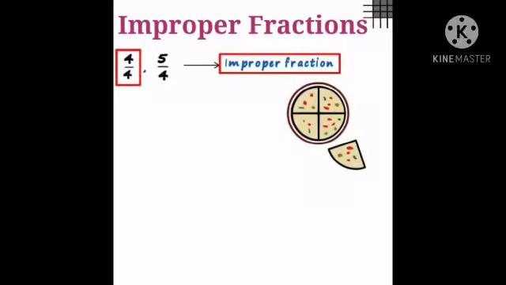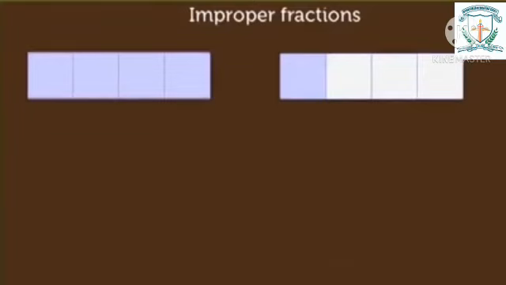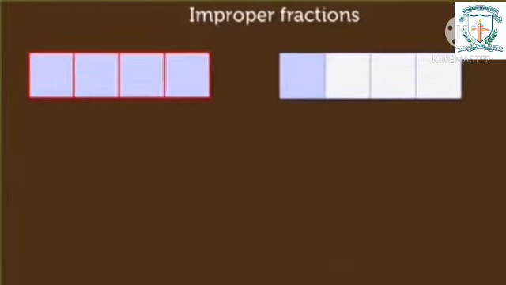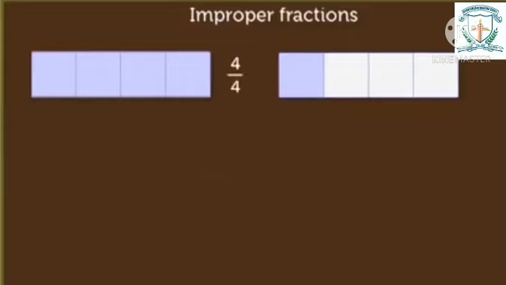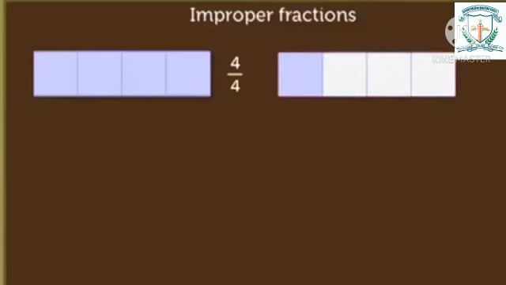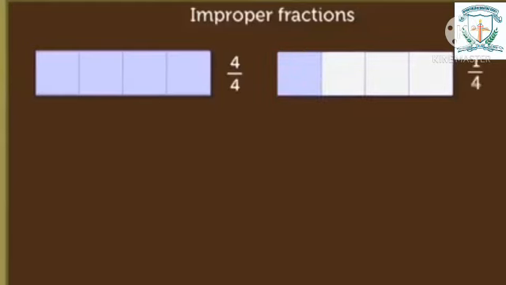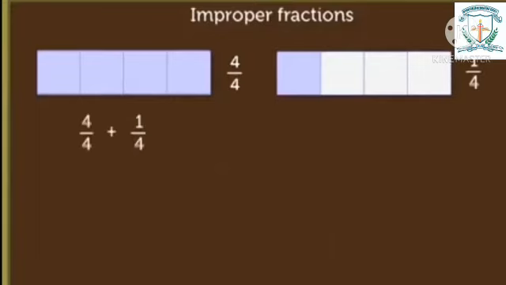Now observe these grids. In the first grid, all the 4 parts of the grid are colored. Now we can write it as a fraction as 4 divided by 4. In the second grid, only one part of the grid is colored out of 4. That is 1/4. To find the total colored parts, we add the fractions.